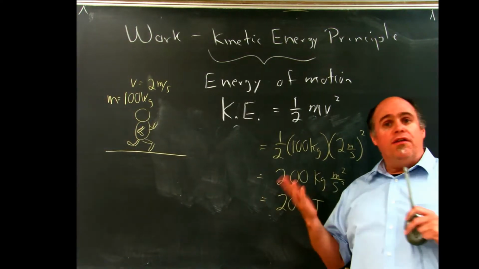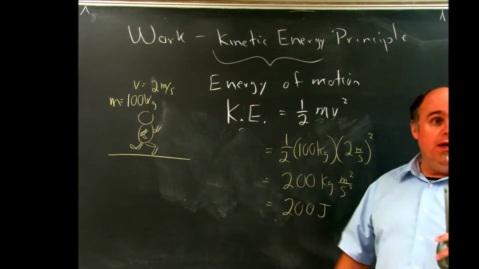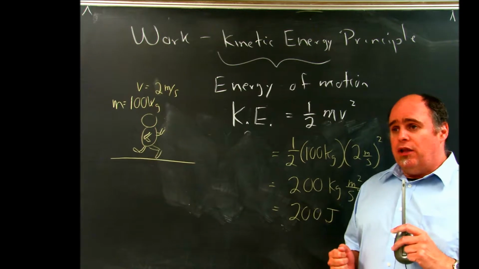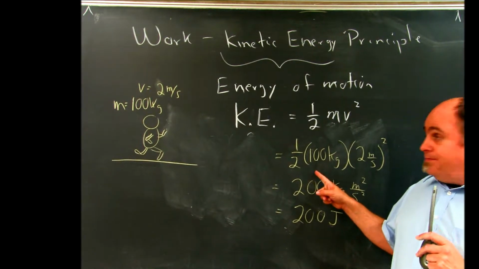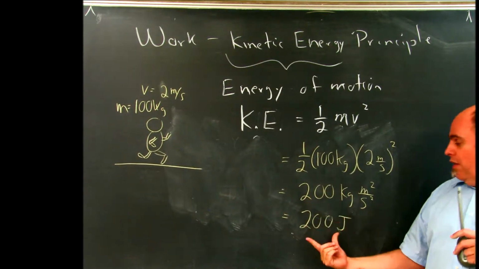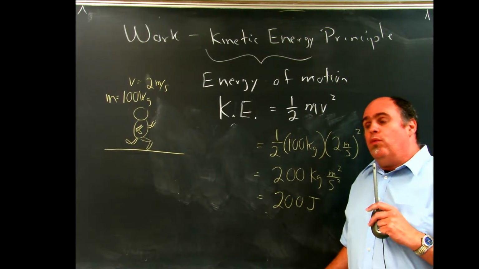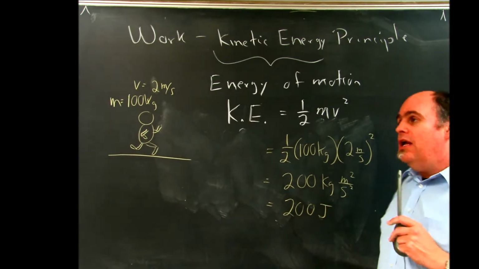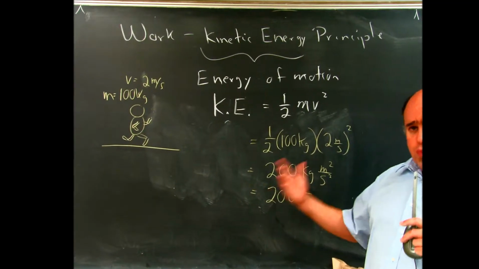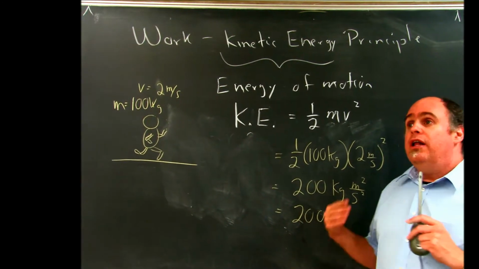If I eat the food, my body has added that many calories, which helps me run my body. If I want to lose weight, I've got to burn off some of the calories, and that's what's happening here. A person of this mass and speed running burns off 200 joules, but food is stored potential energy, and when we eat it there's a chemical reaction, and later we're able to have mechanical energy. Moving is one type of mechanical energy. So this person is burning up 200 joules of energy every second.